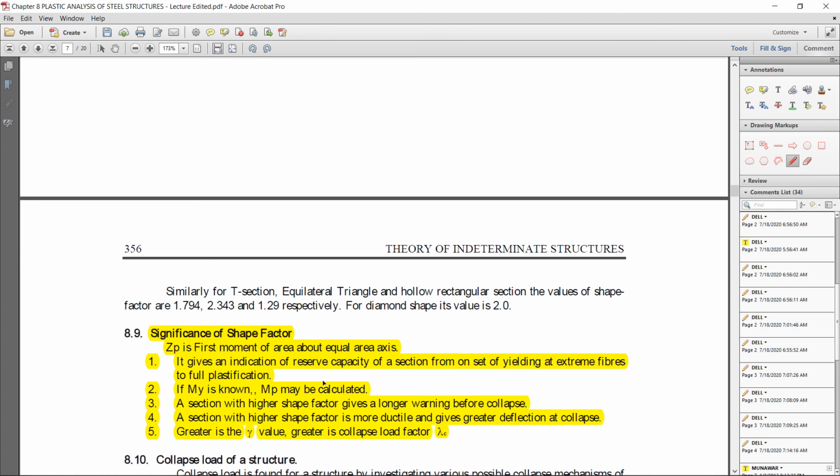It means higher shape factor is good. Greater is the shape factor, greater is the collapse load factor. We will also calculate how the collapse load factor is calculated from the shape factor. So those are the benefits of the shape factor. So that's all for today's lecture on the plastic analysis of steel structures. Have a nice day.